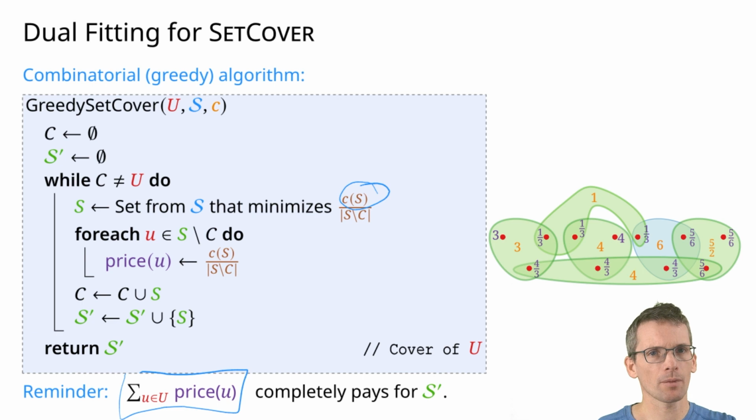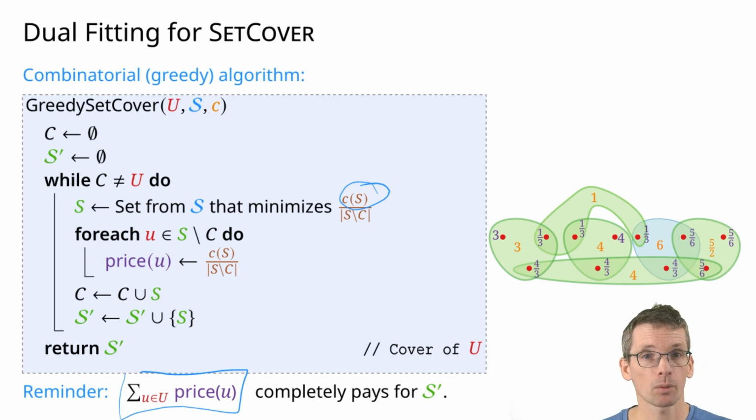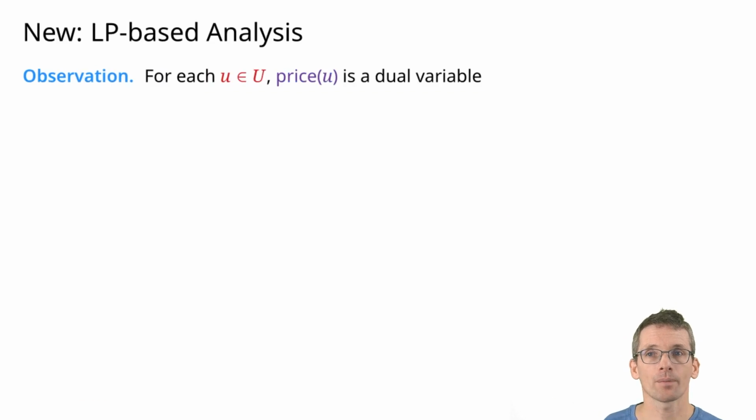And you can read this essentially off from the algorithm. This is something that simply popped up in the analysis of the greedy set cover algorithm previously, and might have been surprising. In the setting of linear programming, this makes a lot of sense, because these prices now correspond to dual variables.